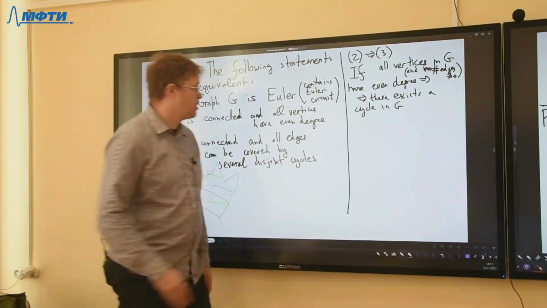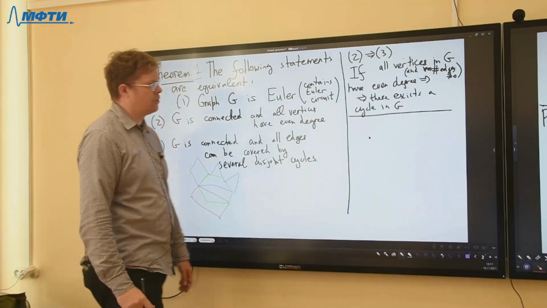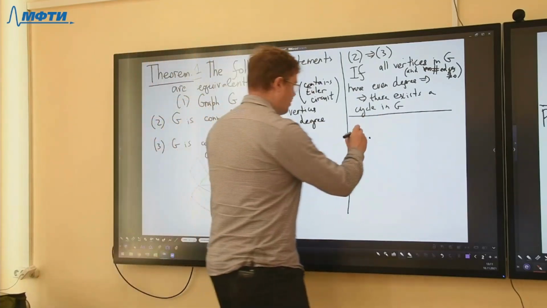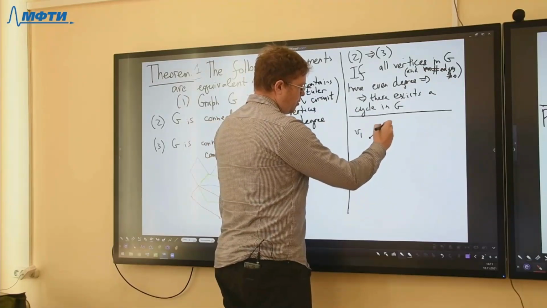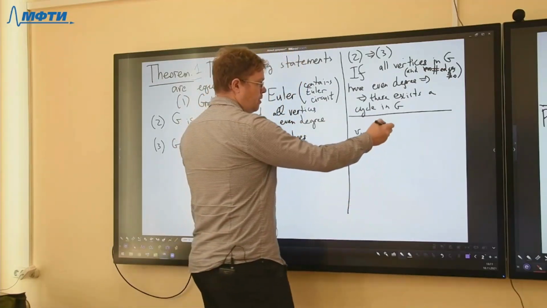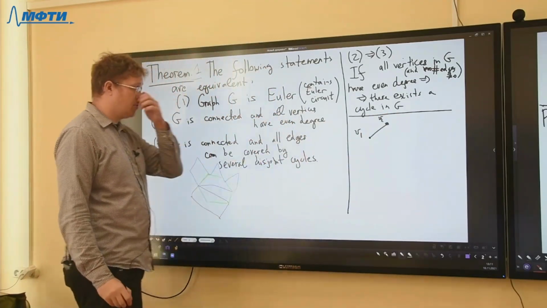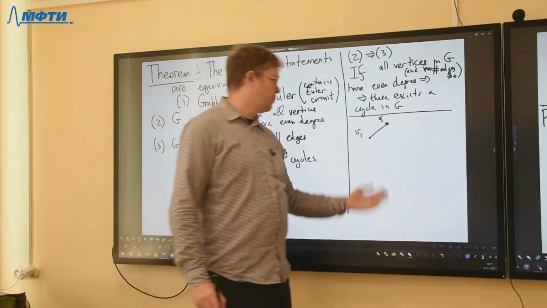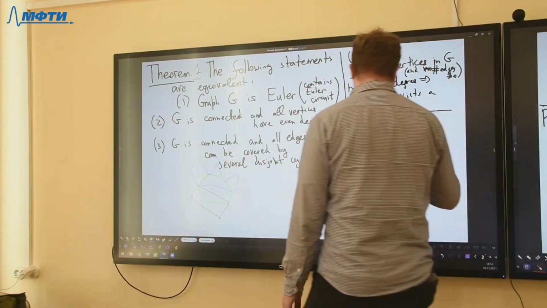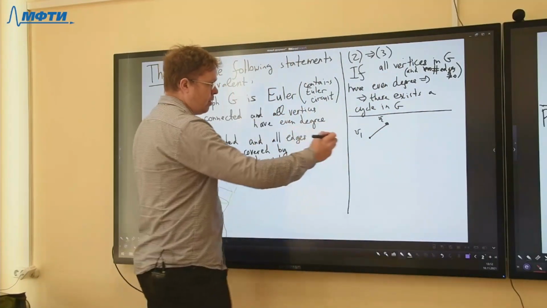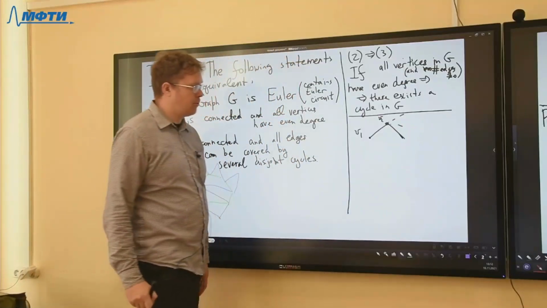Why is it so? We just start in an arbitrary vertex of non-zero degree, and go out through one of the edges. Assume the next vertex is V2. V2 has even degree, which is at least 2, so there is at least one other edge coming out of V2, and we choose an arbitrary one, and so on.